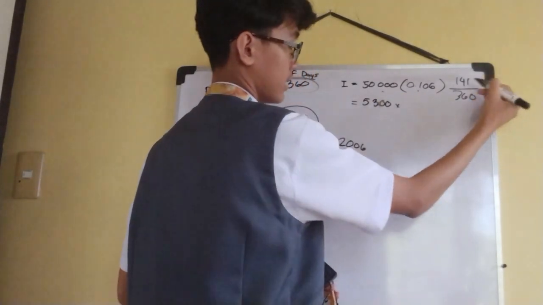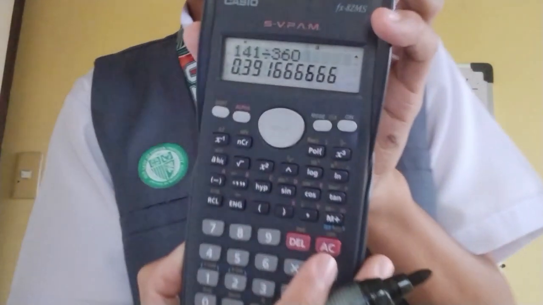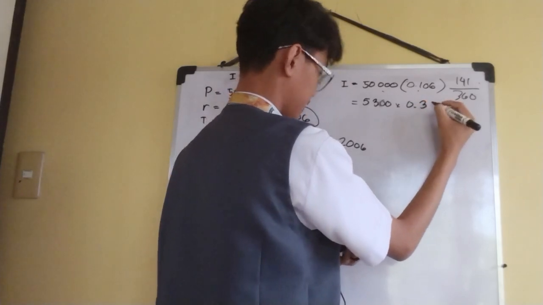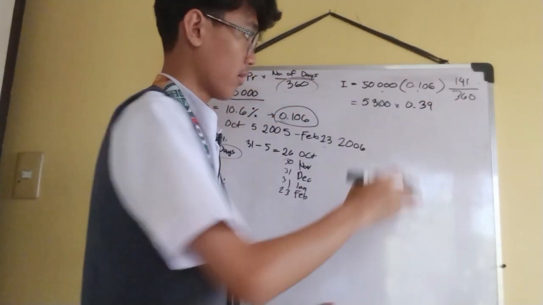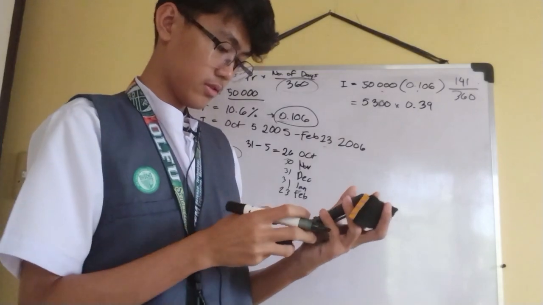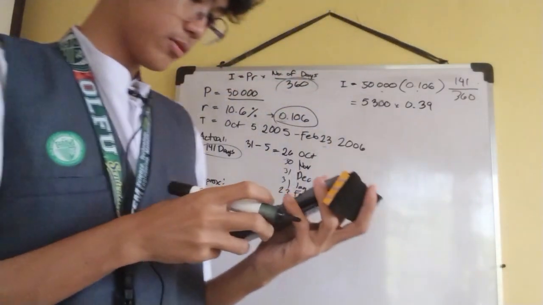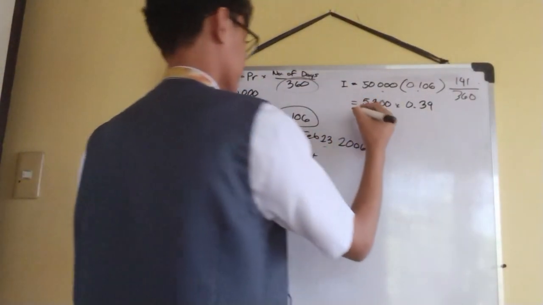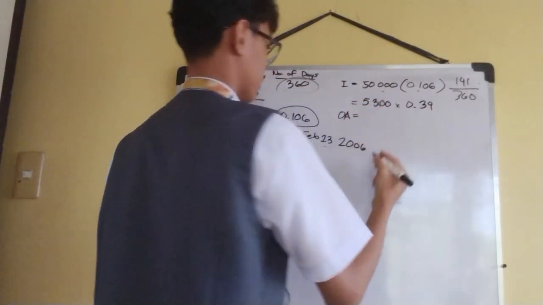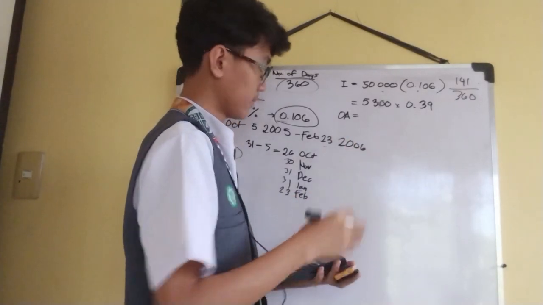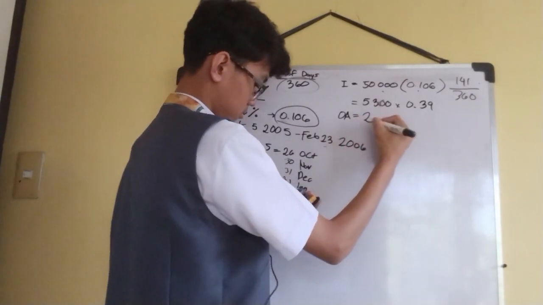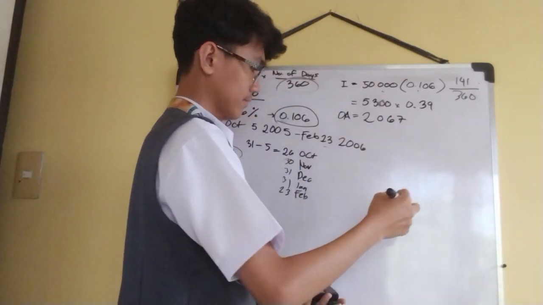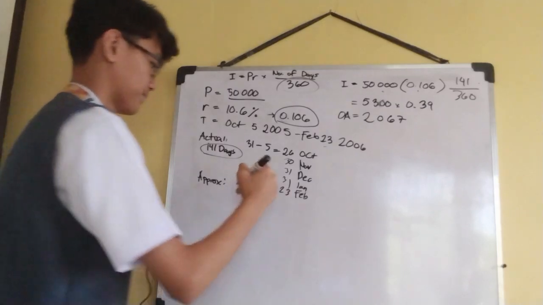And then finally divide both of these. 0.39. Then multiply them. So 5,300 multiplied by 0.39. That's our answer. Our ordinary interest with actual time is 2,067.